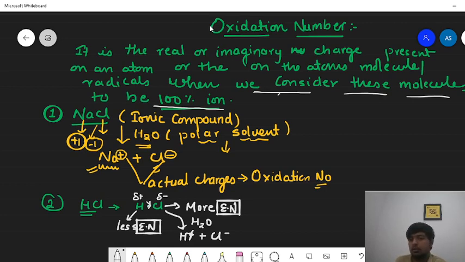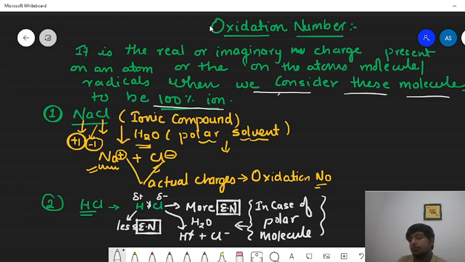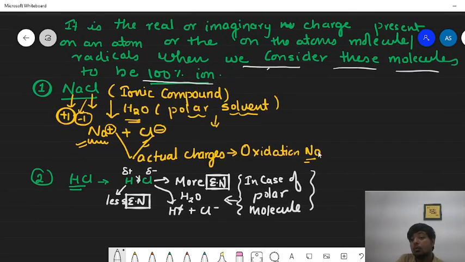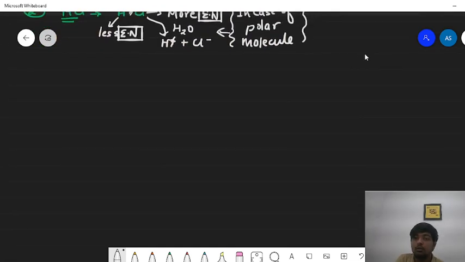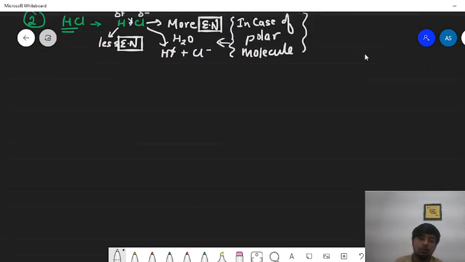Are you getting the point? So in case of polar molecules only, you will find this type of concept. But what will happen if the molecule is not polar? Like if we consider an example of nitrogen, that is N2.